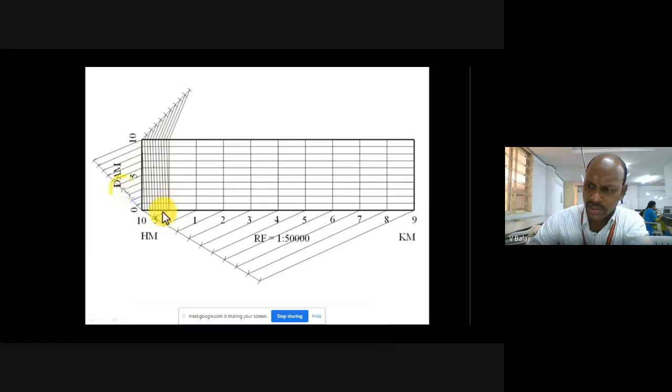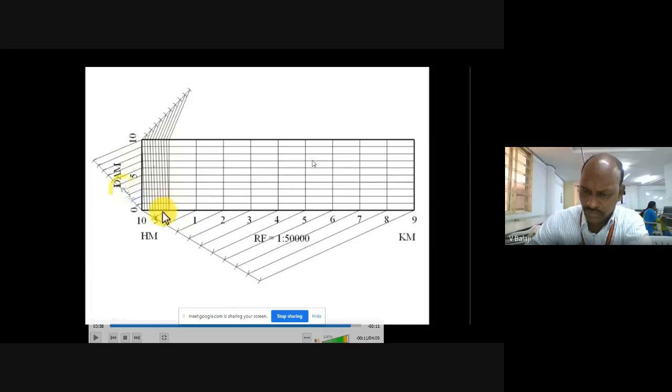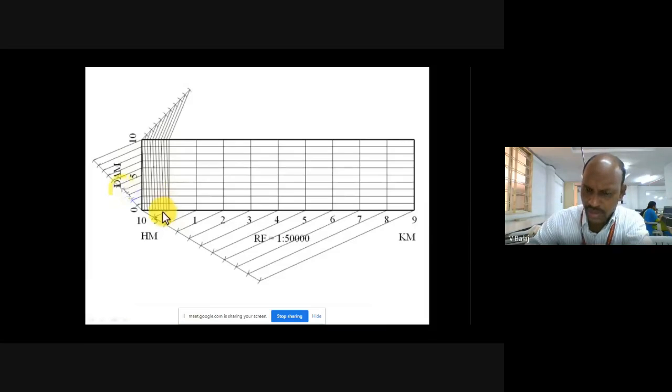The remaining problems, the excess problems given in the manual or observation book, I have already posted. You can practice them at home for extra practice work. Any doubts, you can come to the next class with specific doubts.